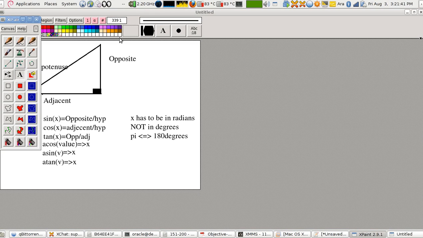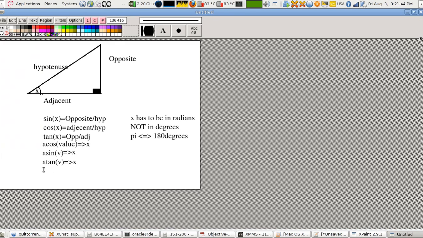Okay, now here I'm talking about using radians, not degrees, so we need pi. So to get pi, this is just like a given, I'm giving it to you, okay.